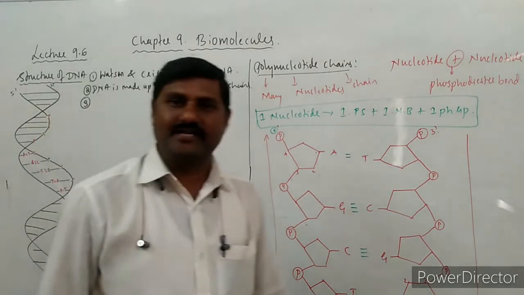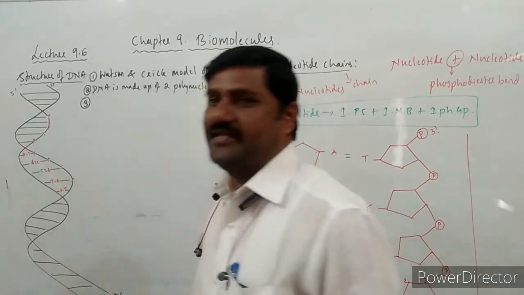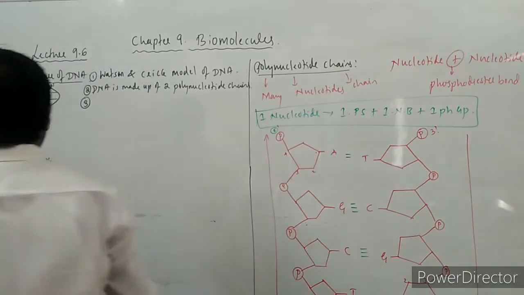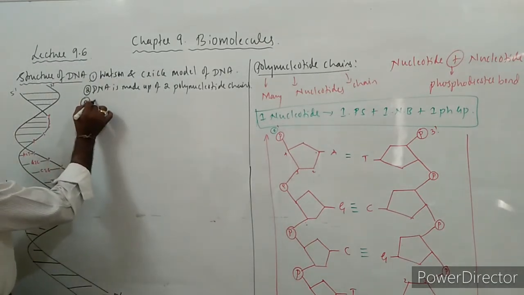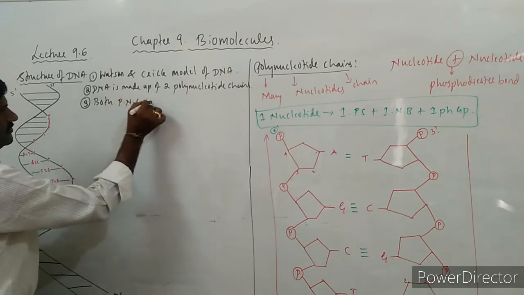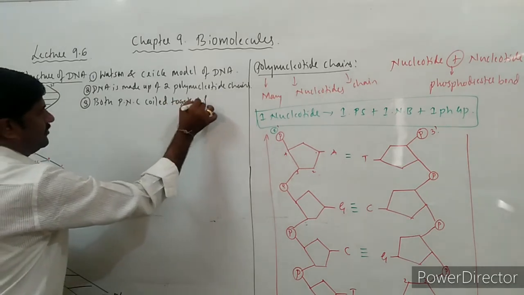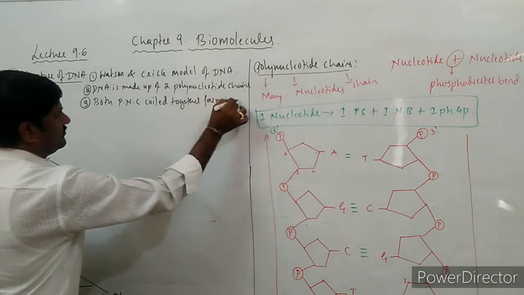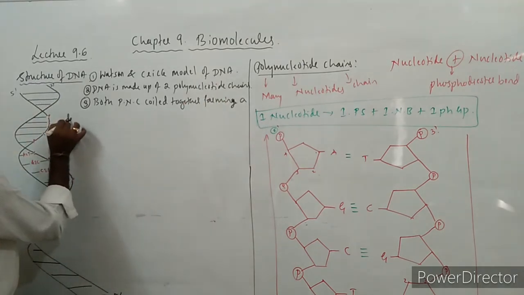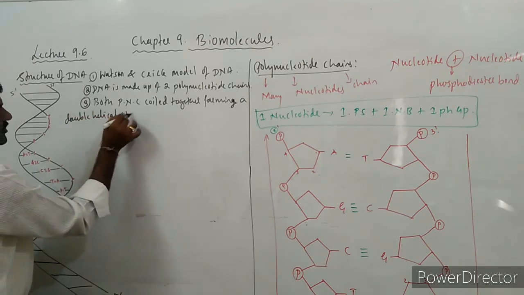Both the polynucleotide chains are coiled together, forming a double helical structure.